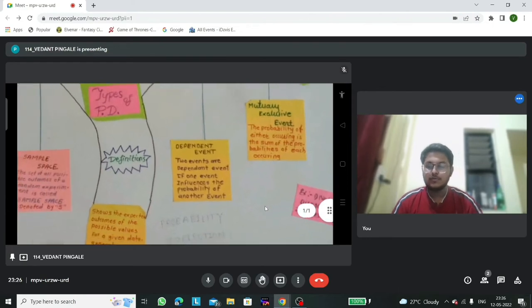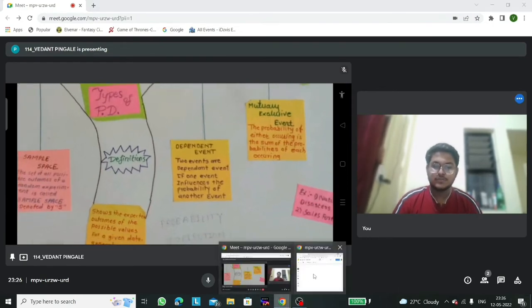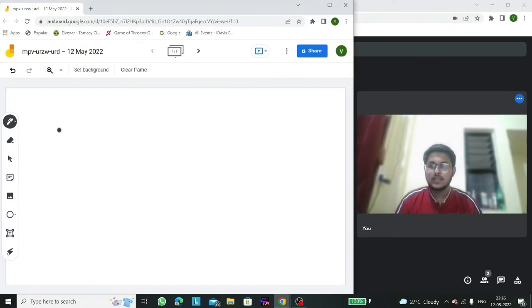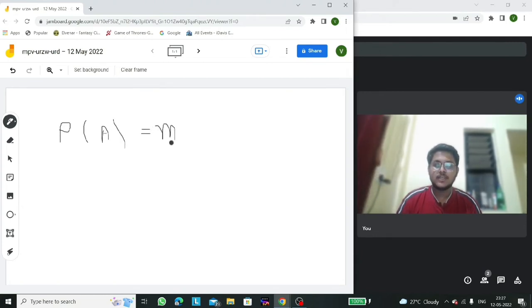Also, we are going to see some terms. First, as we know, probability of event A can be written as number of favorable outcomes m upon total outcomes n. In similar way, there is also not happening of event A. It can be written as total number of outcomes minus favorable outcomes.